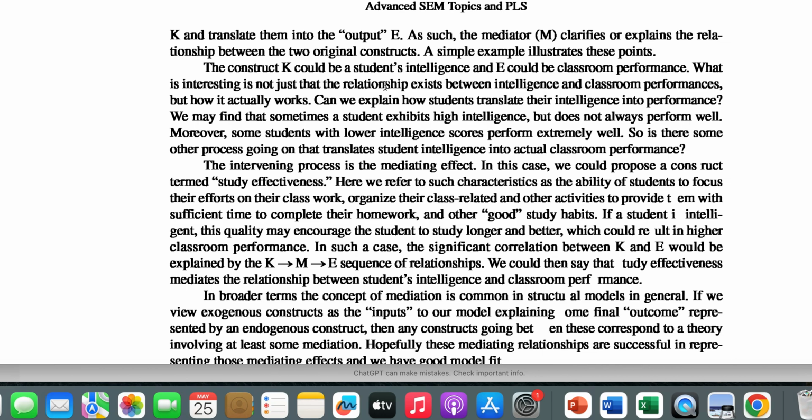We may find that sometimes a student exhibits high intelligence but does not always perform well. Moreover, some students with low intelligence scores perform extremely well. So, is there some other process going on that translates student intelligence into actual classroom performance?